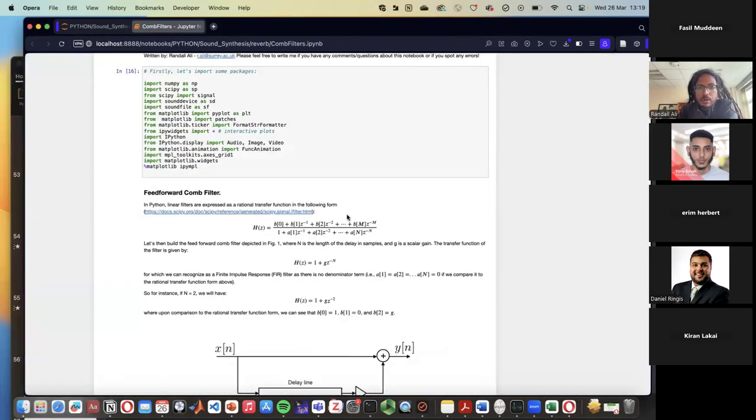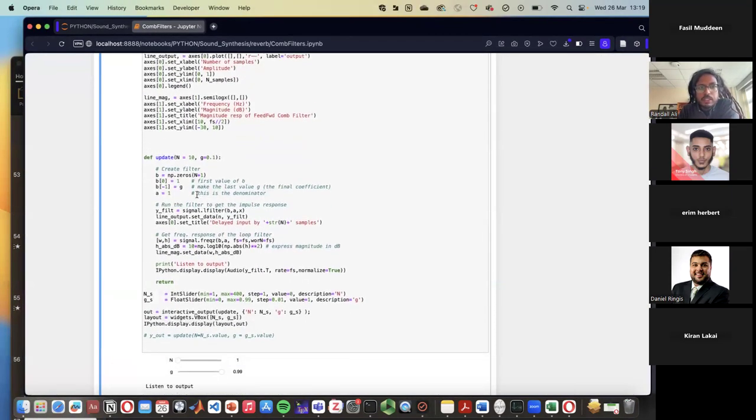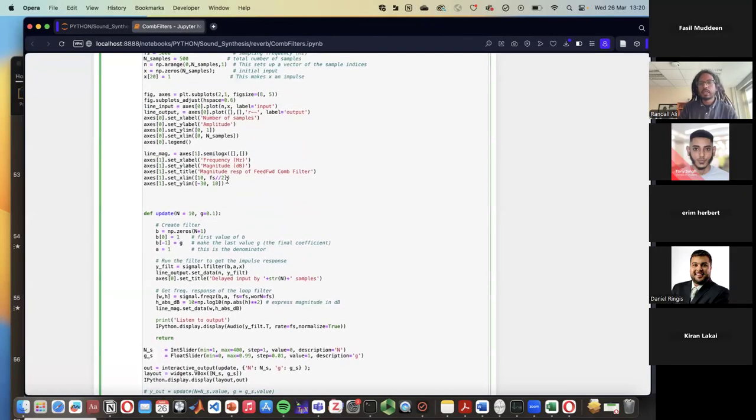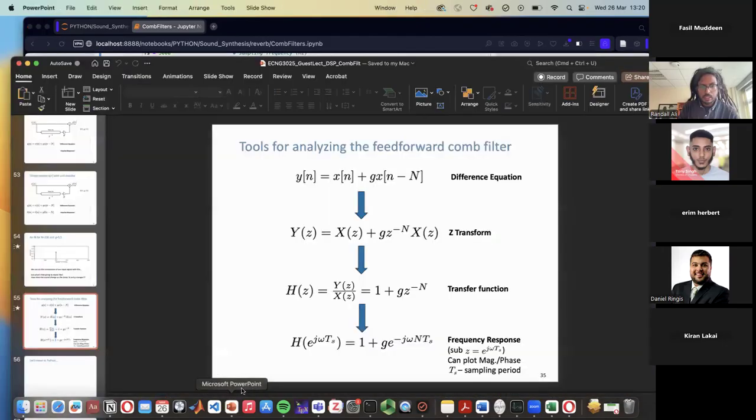That allows me to build my filter: the first value of B is 1, the last value is g, and the denominator is 1. So if you look back at this filter structure, depending on the value of this delay determines how many coefficients you have in this filter, which is simply a finite impulse response filter.